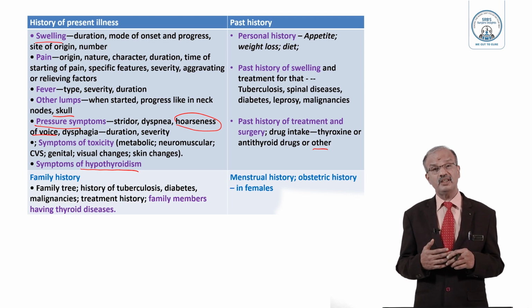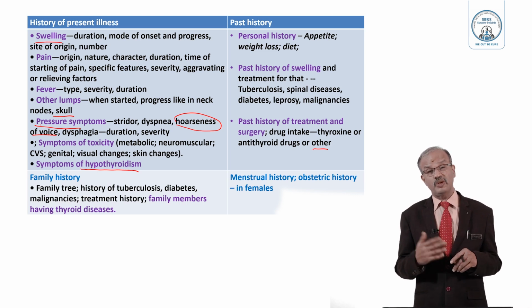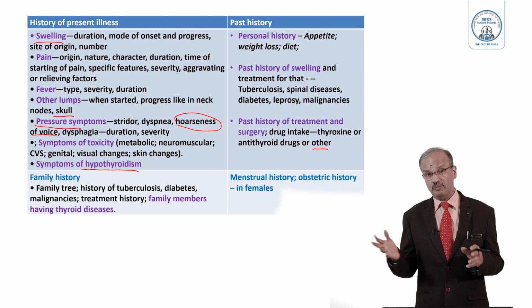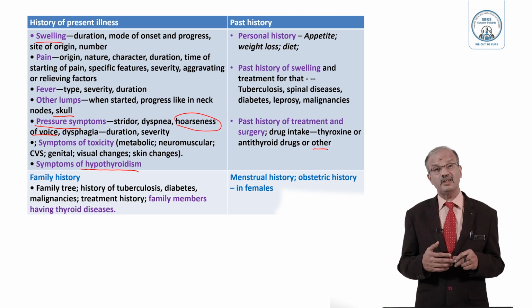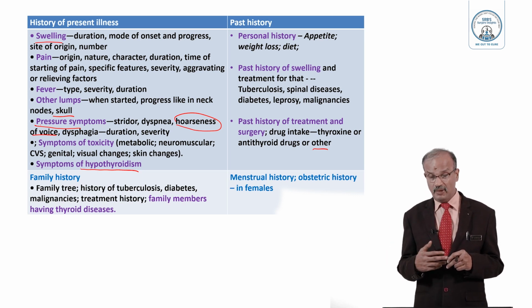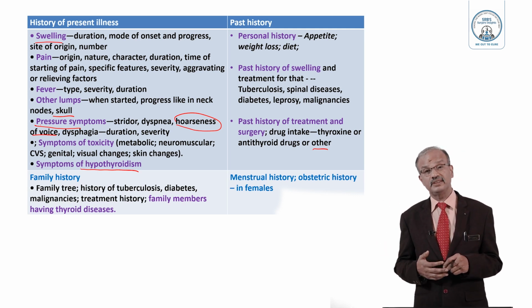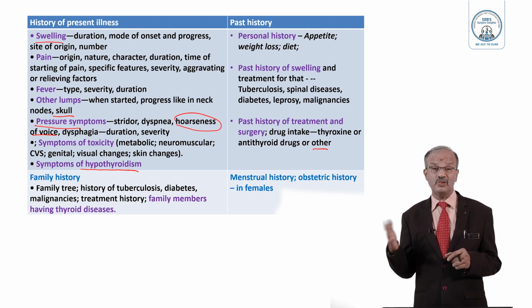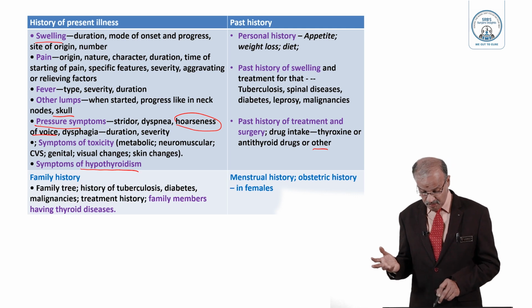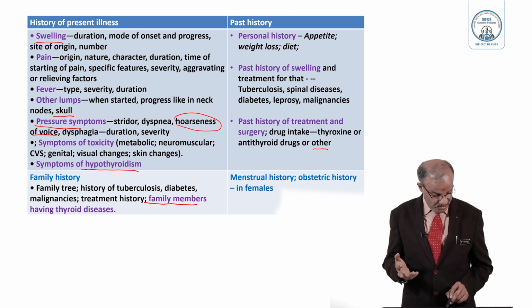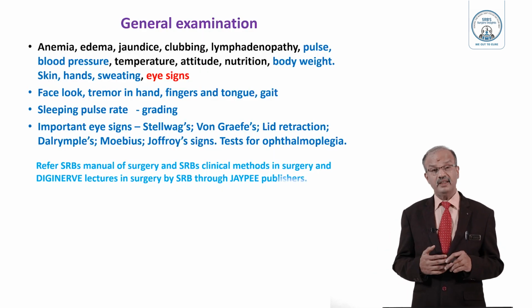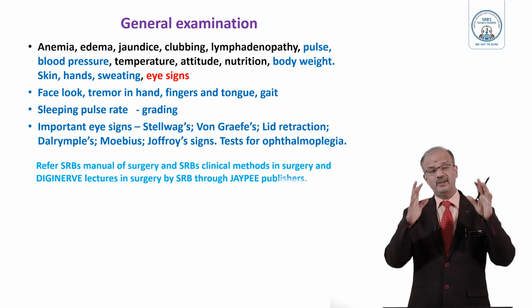They may be having menorrhagia, amenorrhea, hypothyroidism, and obstetric history is important. How many children, is there any problem, parents, siblings, three generations, how they are. Three generation history is important in family history. That's very, very important.